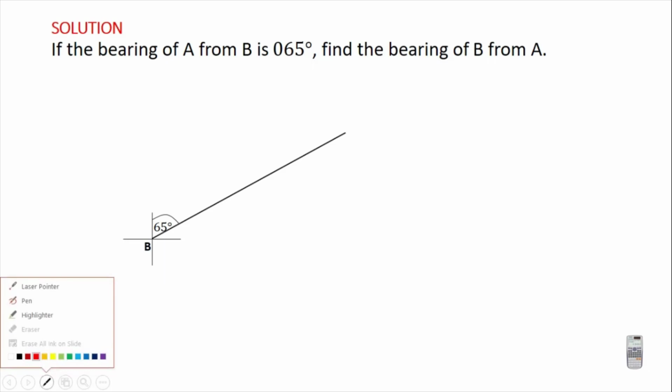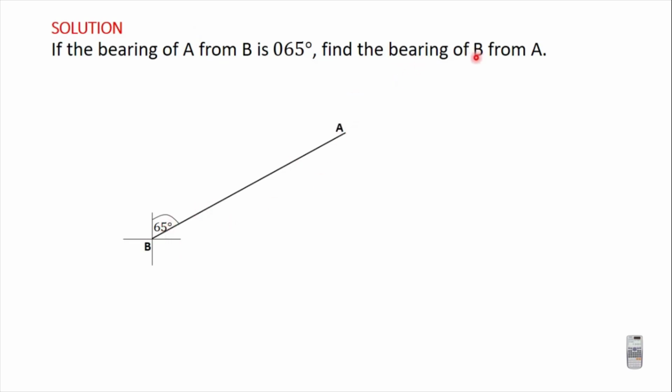I will assume that by this time you've drawn a lot of bearings on diagrams, so you are conversant with this. So I will not explain how to draw this because you have done a lot of them. So we are starting from B and we will end at A, and it's 65 degrees.